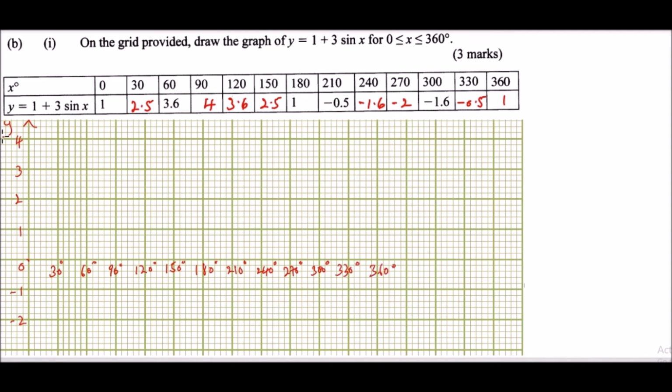So that is our x. These are x degrees, and therefore what remains now is to identify the points that are on our table.